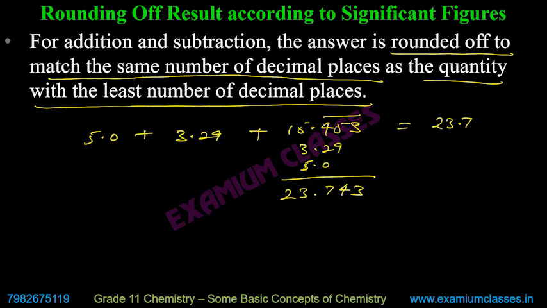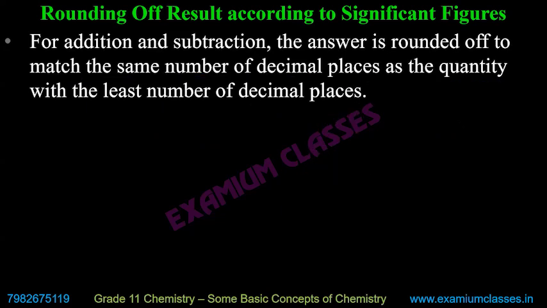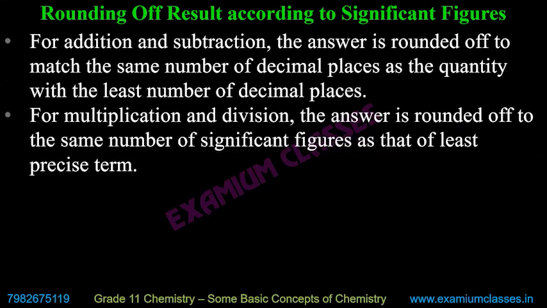Is the rule clear? When you are adding, the result will have as many decimal places as the quantity with the least number of decimal places. However, the rule for multiplication and division is different. For multiplication and division, the result will have the minimum number of significant figures as there are in any one. Suppose I have 2.3 multiplied by 5.23.